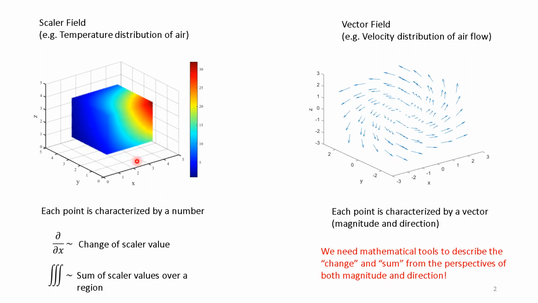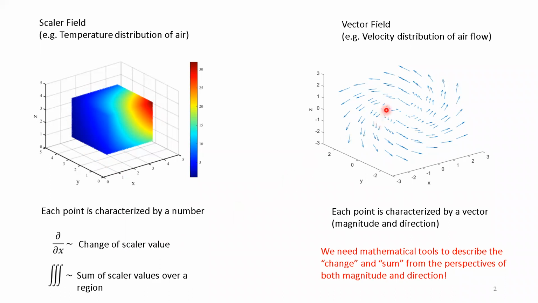For the integration, in a question we consider, we want to find out the average temperature, for example, or if we have some density profile of a mass object, we want to find out the mass. So we are adding up the scalar values over a big region that we are considering. That's what we have considered over the first 2 chapters.